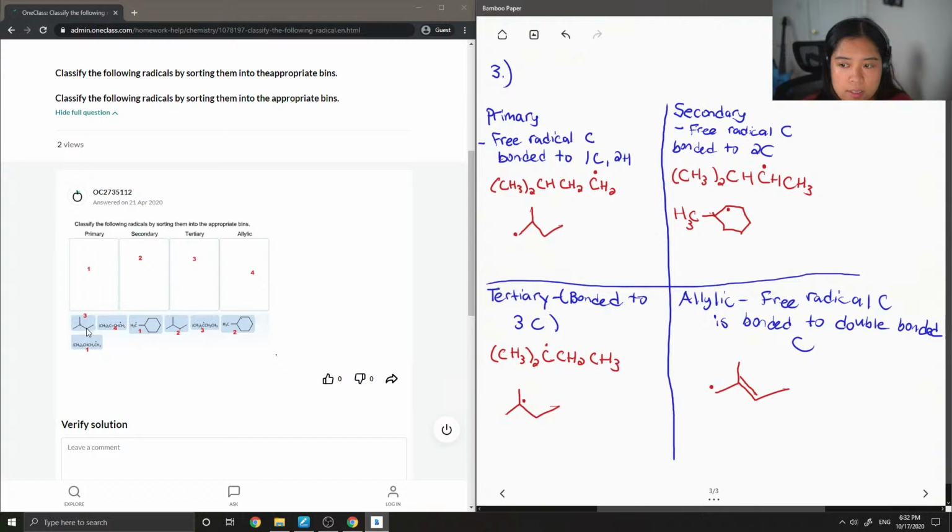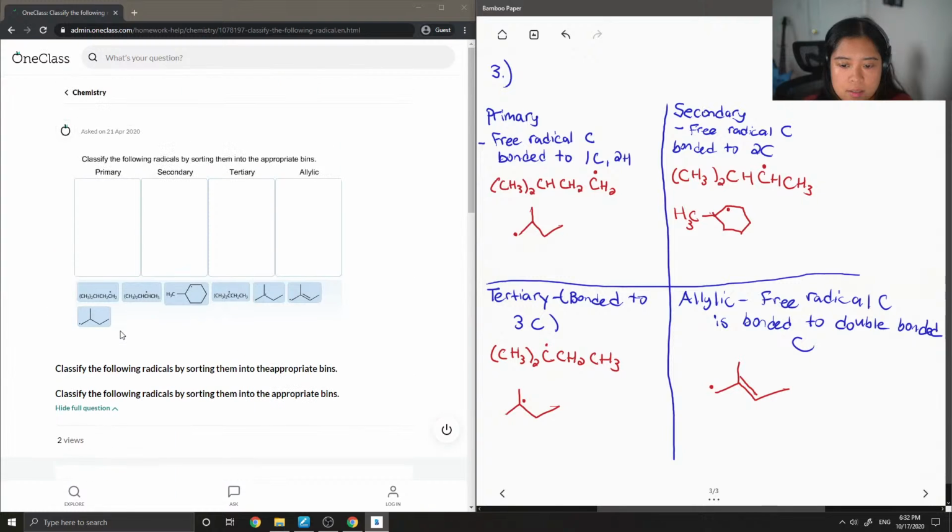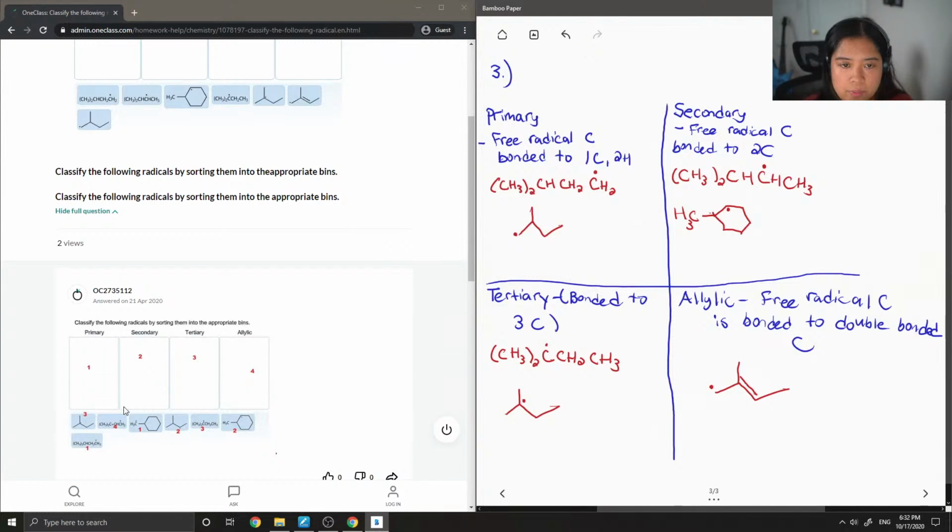So they have this one as tertiary. This isn't part of the original question, but yeah, it would be allylic. This is also not the question, but that would be primary.